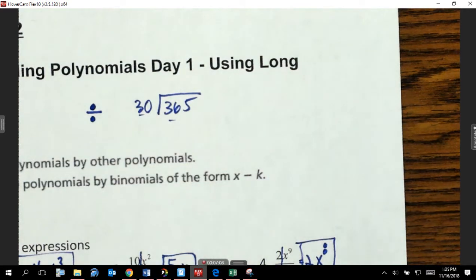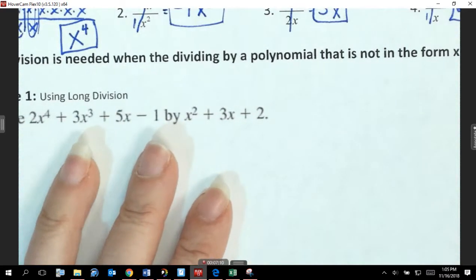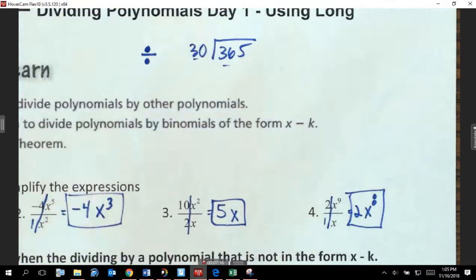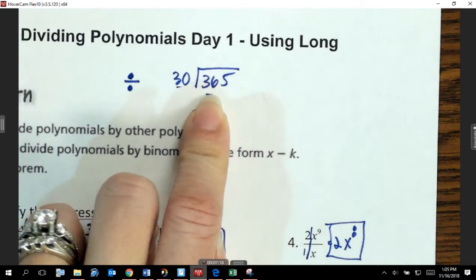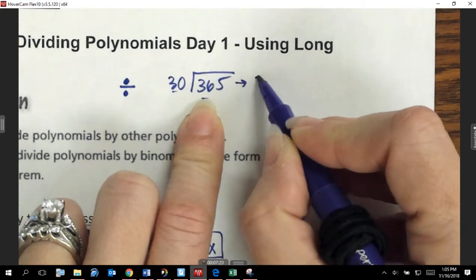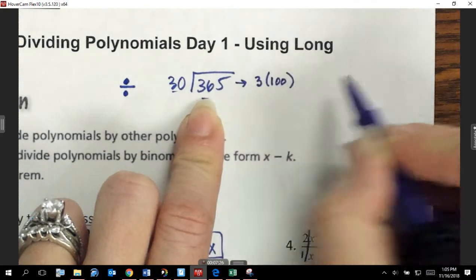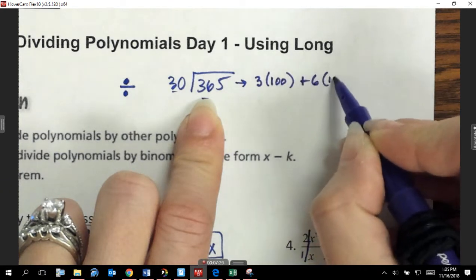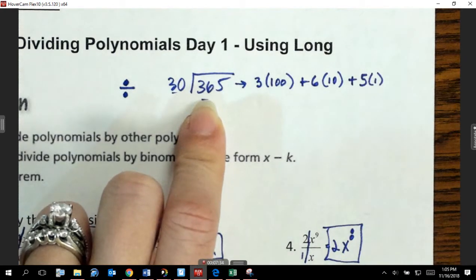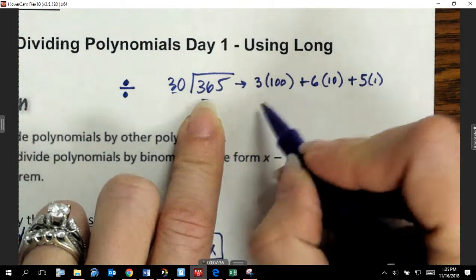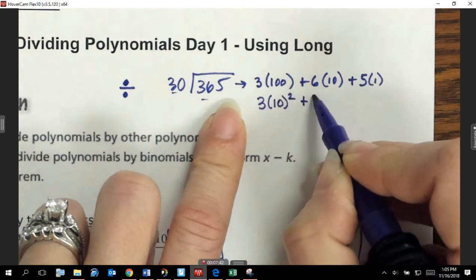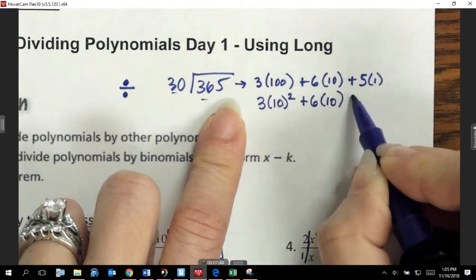What I want to show you is these polynomials, they do look like numbers that you are familiar with. It's just there's x's instead of the numbers. So this 365, I'm going to write as a polynomial. 365 is 300 plus 6 tens plus 5 ones, right? 300 is the same thing as 10 squared times 3, plus 6 times 10 plus 5.